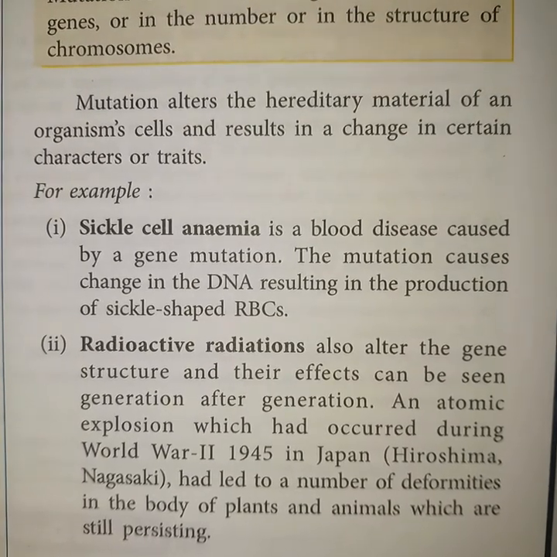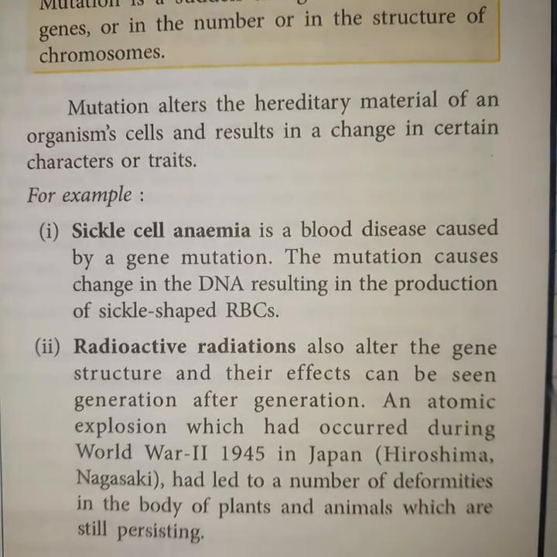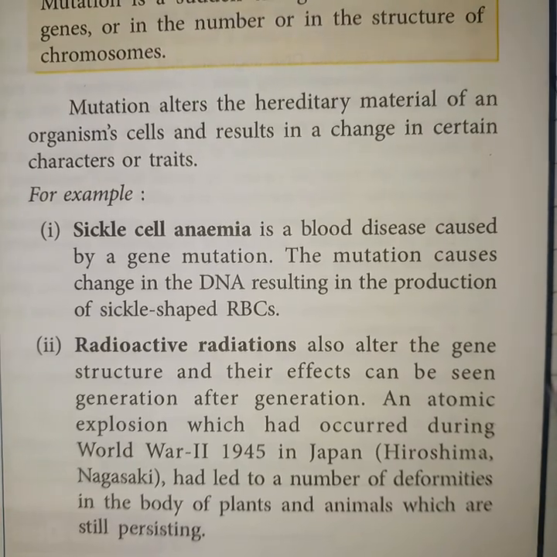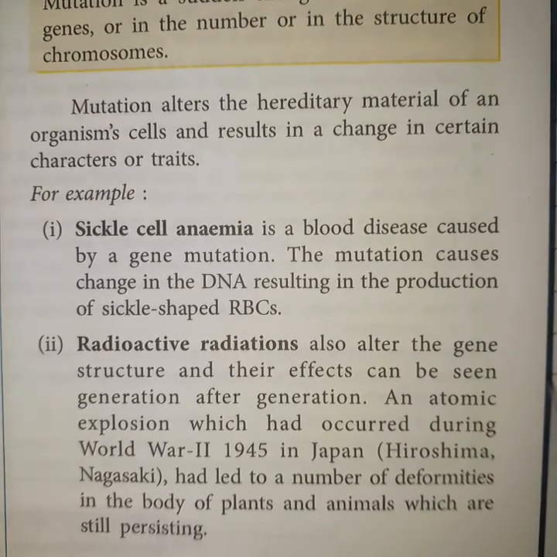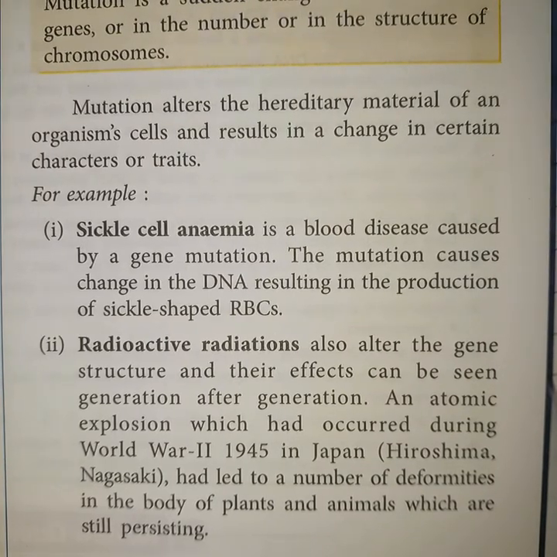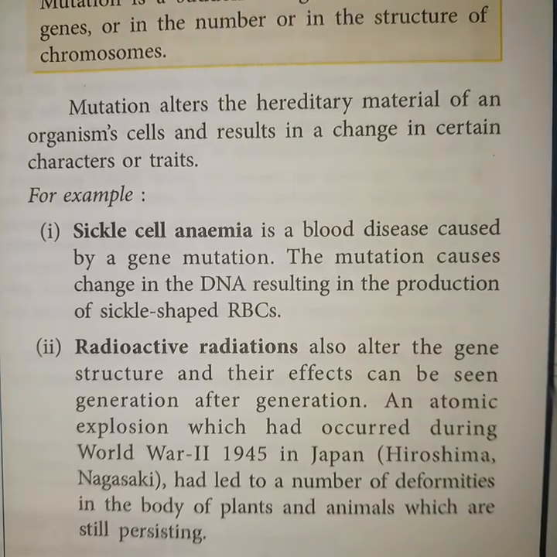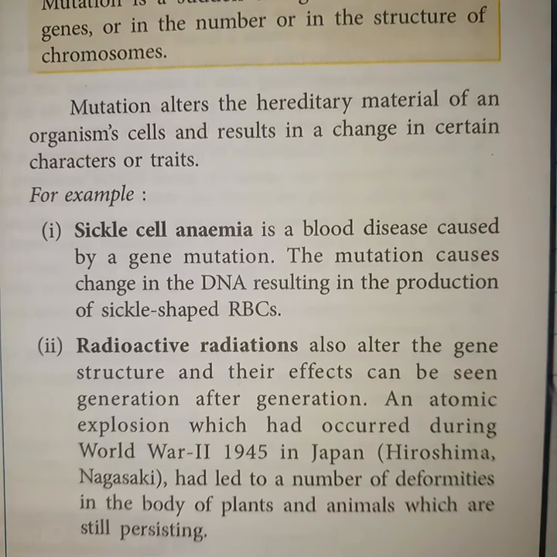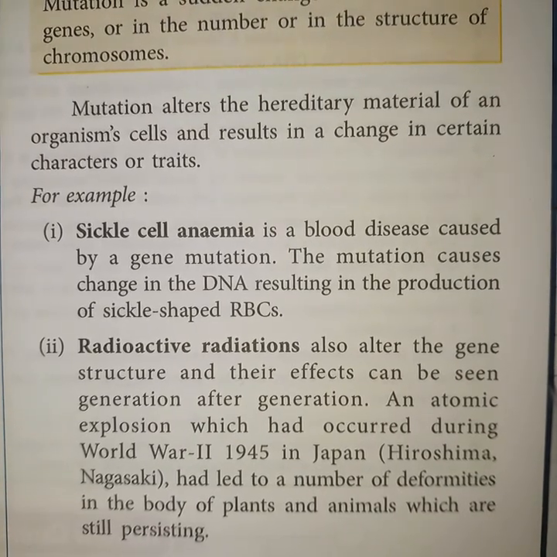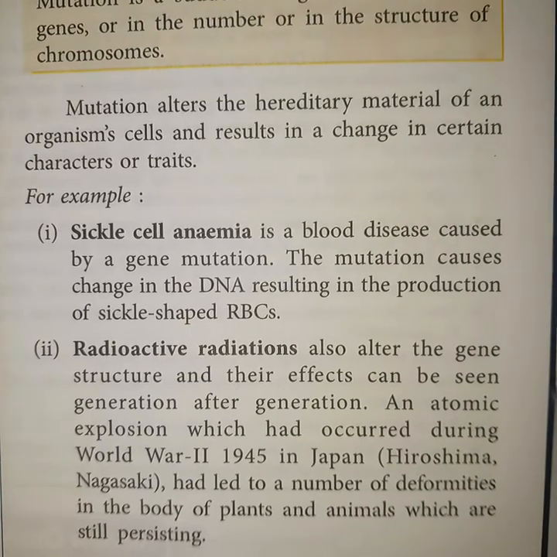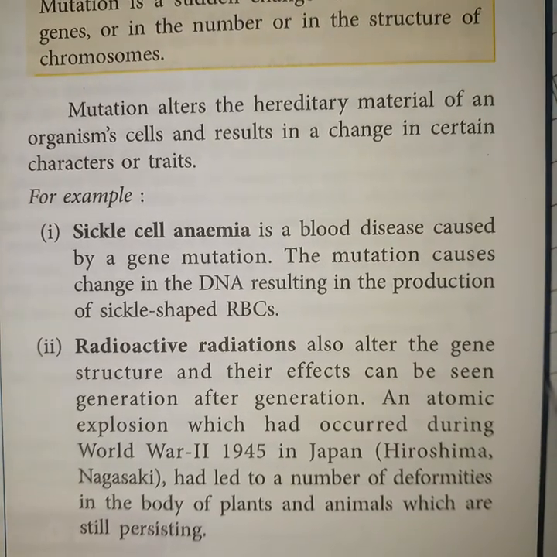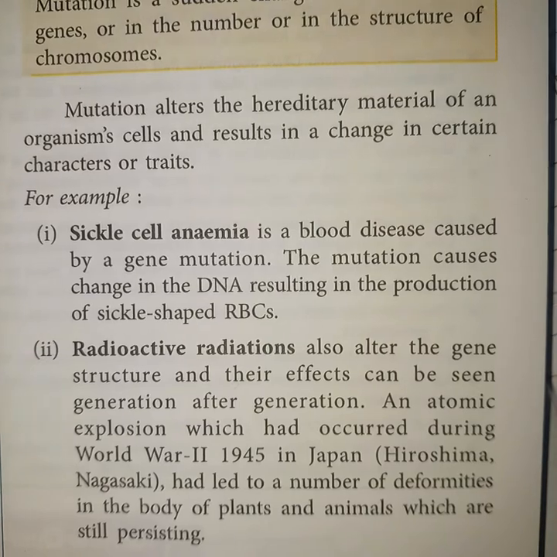The ozone layer protects our earth as well as animals from the radiations emitted from the sun. Excessive exposure to radiation is very harmful. It may bring some change in the body, and that change will be inherited by every generation.